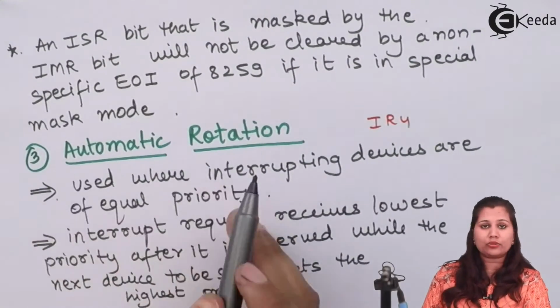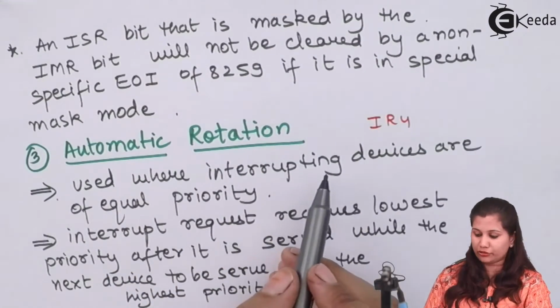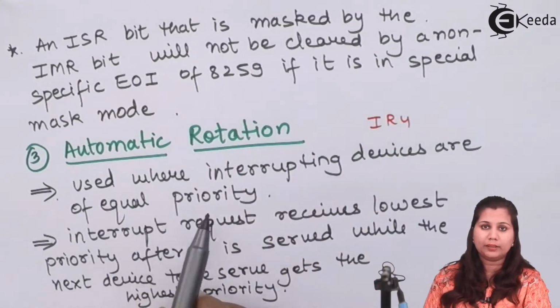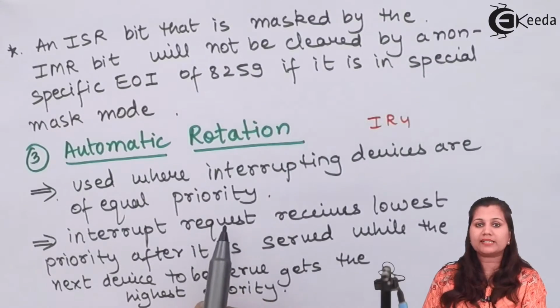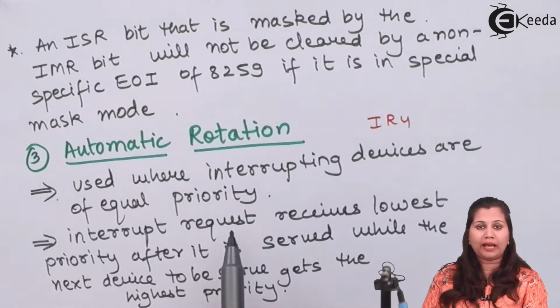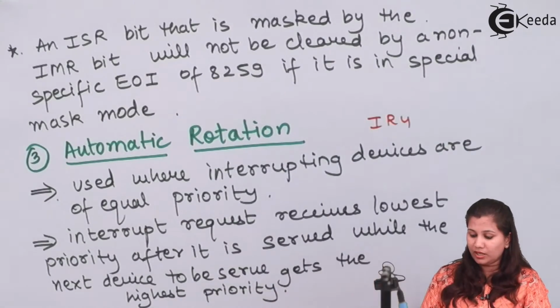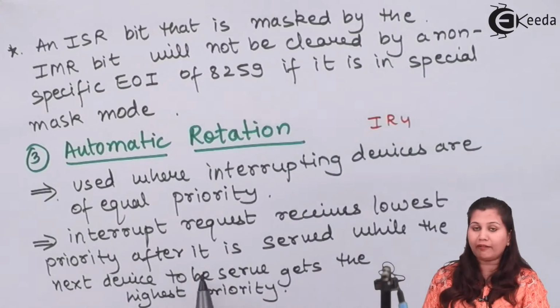So this automatic rotation mode is used where the interrupting devices which are sending the interrupt requests are of equal priority. All the interrupting devices have equal priority. Now when they have equal priority, how will they be acknowledged? The interrupt request which is served receives the lowest priority after it is served.